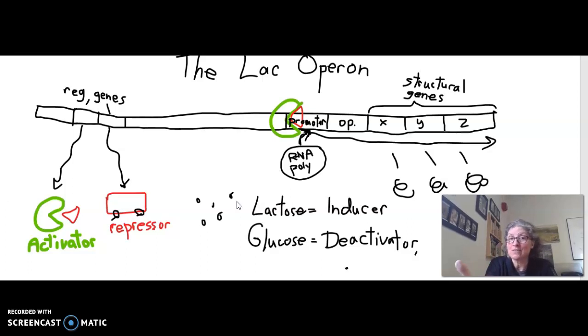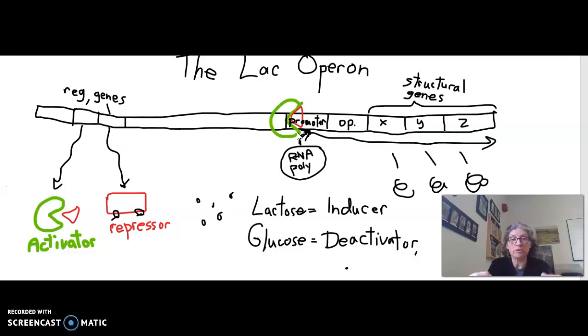You need the presence of lactose, which is an inducer which keeps the repressor out of the way and from binding and getting in the way of the RNA polymerase. And you need there to be low glucose. You need there to be almost no glucose at all, because the glucose being low makes the cAMP, this little red thing, high, and then causes the activator to bind to the promoter and make the whole thing work. So there's the Lac Operon.